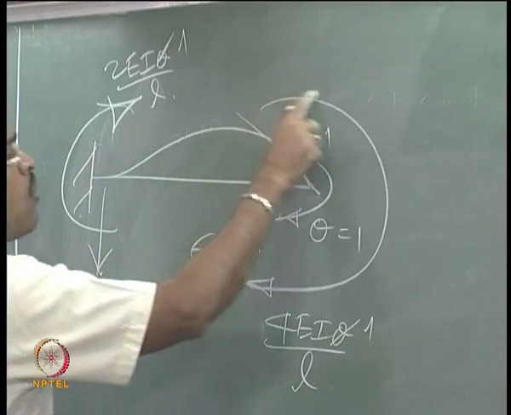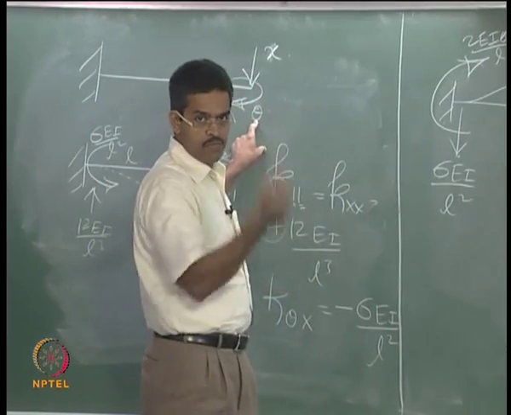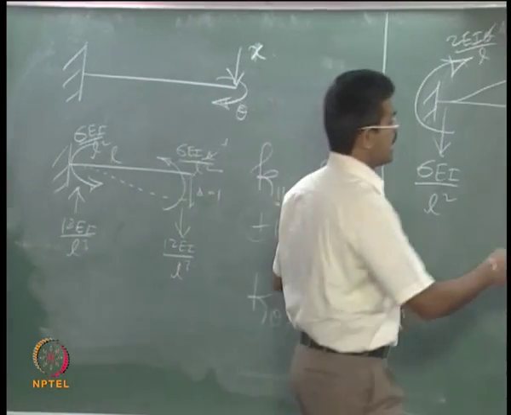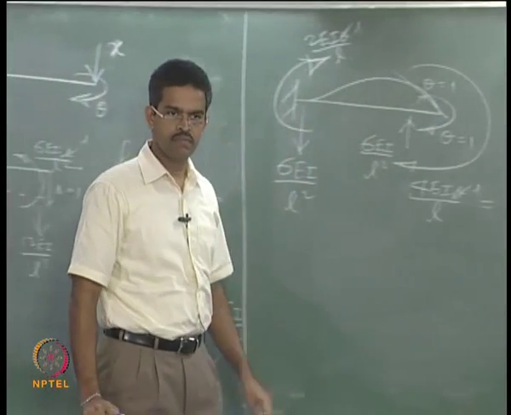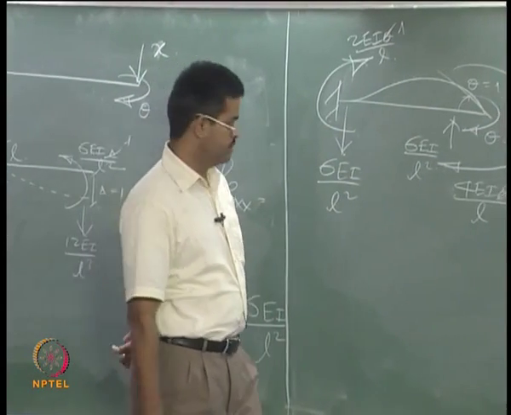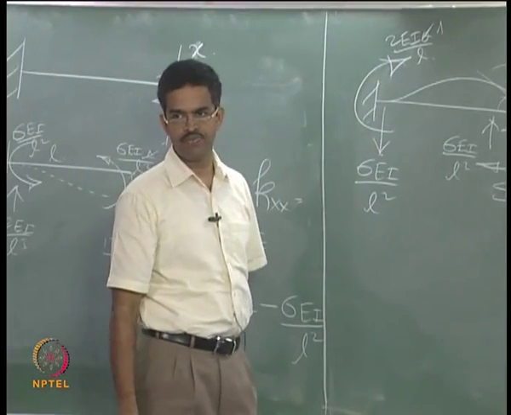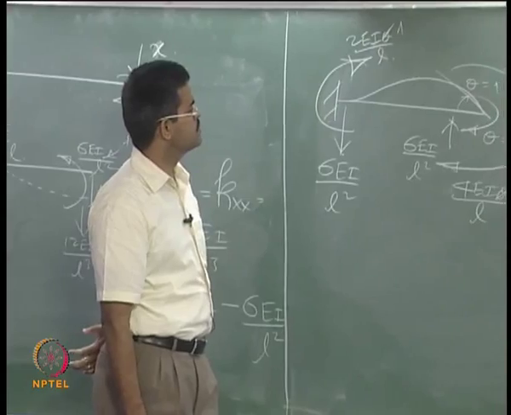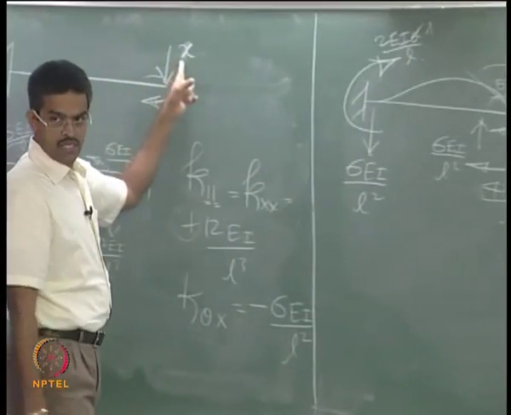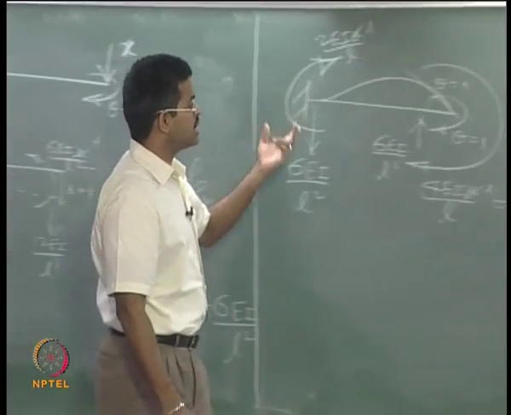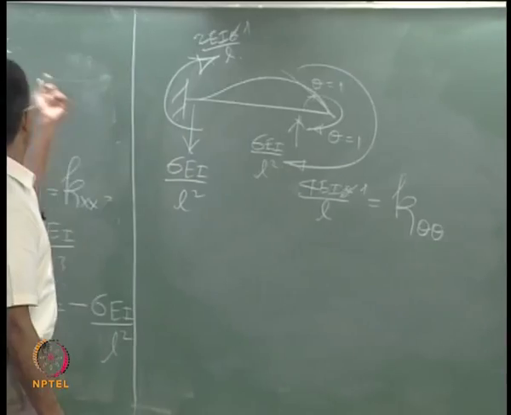So, now this is the force in theta direction because of unit displacement given in theta direction. So, I should say this as k theta theta, which is nothing but plus 4EI/L. And this value is a force in x direction because of unit rotation given in theta direction, but this is opposite to the force applied here.